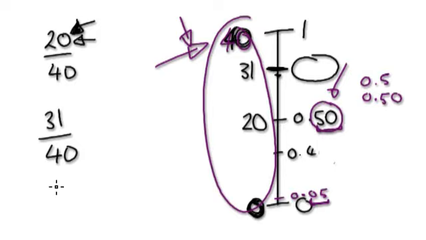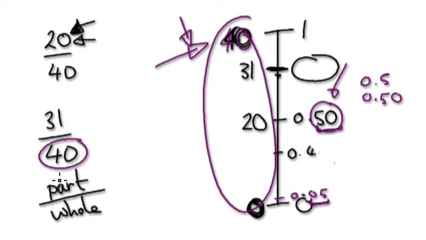With percentages, it's always part divided by the whole. This is your whole amount, and this is your part, what you got correct. So if you got 31 correct out of 40 questions, what decimal would represent this scale here?